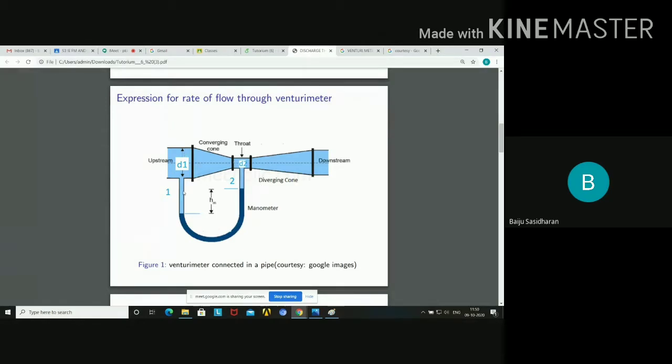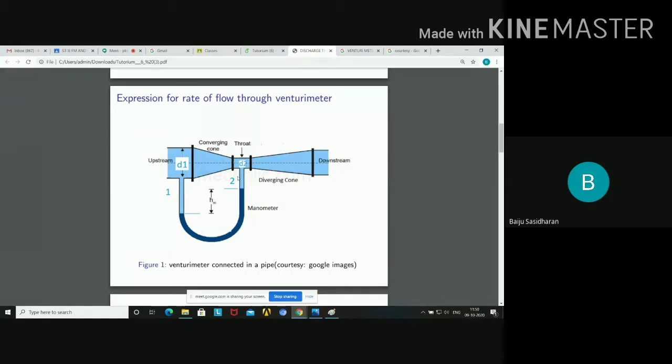At section 1-1, we have the diameter d1, pressure p1, velocity v1, and density rho. At section 2-2, the diameter is d2, the corresponding area is a2, the velocity of flow is v2, the density is rho, and the pressure is p2.